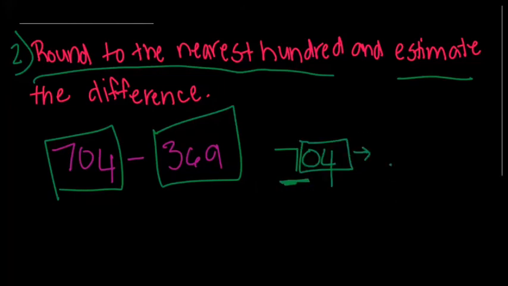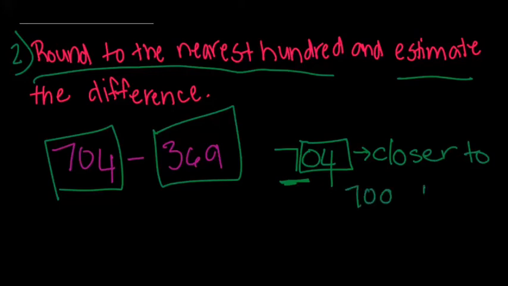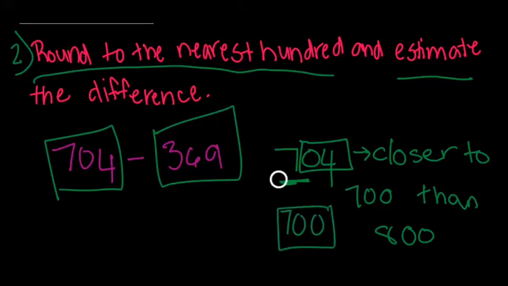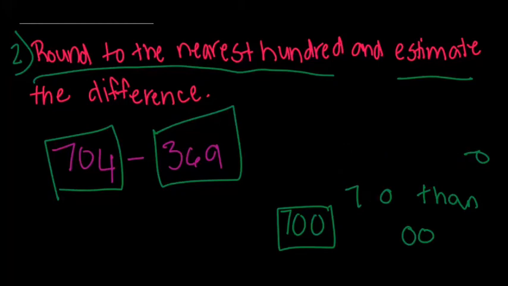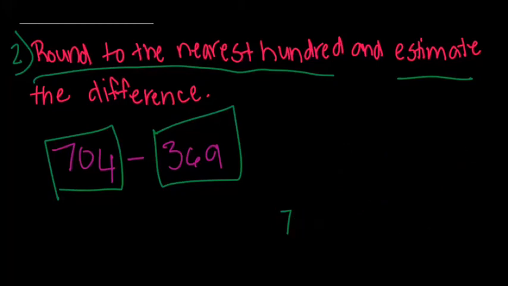So 4 is closer to 700 than 800, so that means the estimate is 700. So let me just erase all this to make some space. 700 minus question mark, because we don't know what the estimate of 369 is yet.